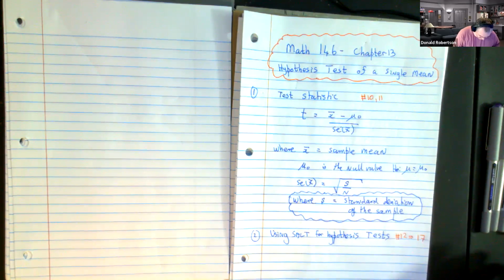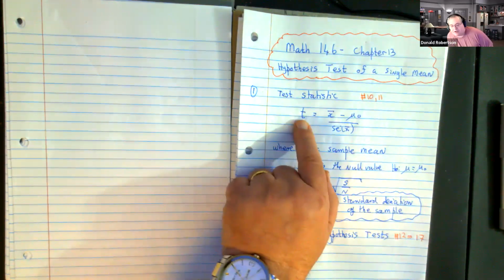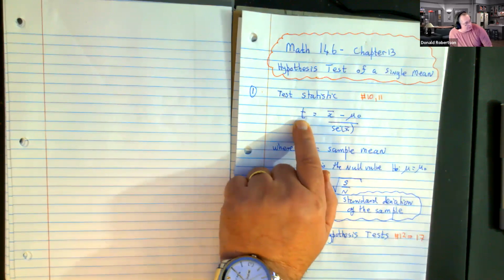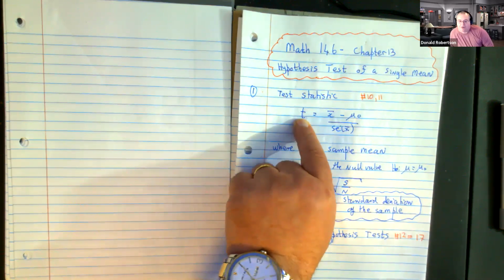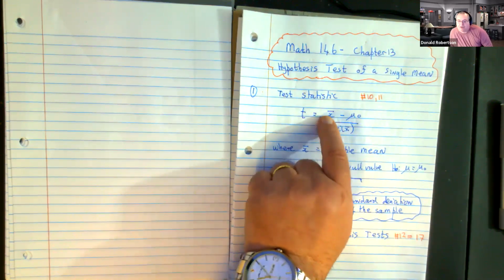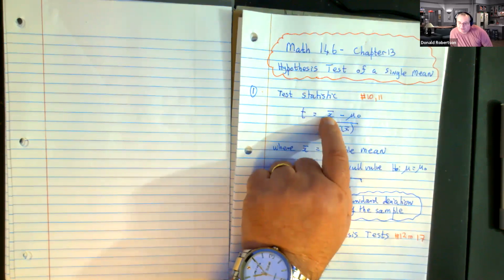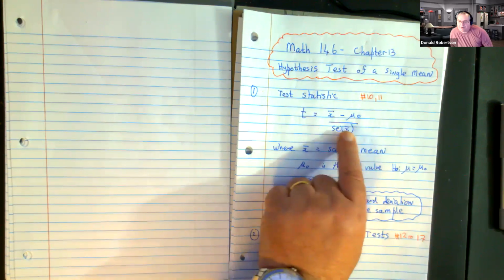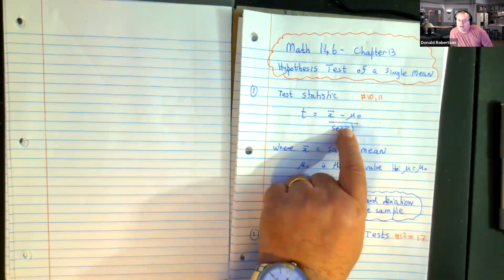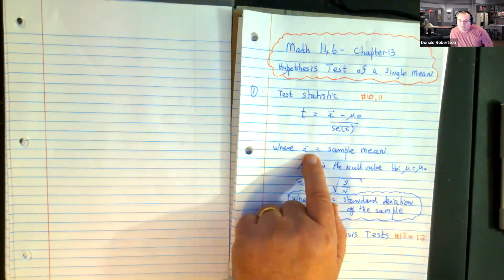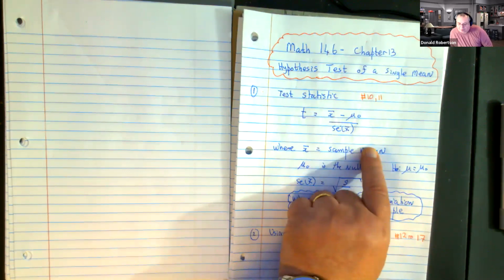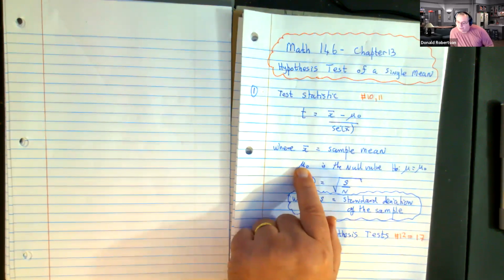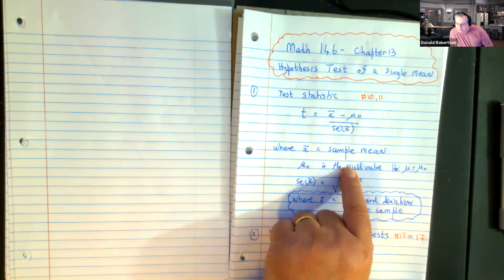Okay, so the test statistic, or one of the other four names they are calling it, is the t-score. You get it by this formula: the sample mean, take away mu naught, divided by the standard error of the sample mean. X bar is the sample mean. Mu naught is called the null value. It's a bit like p naught.